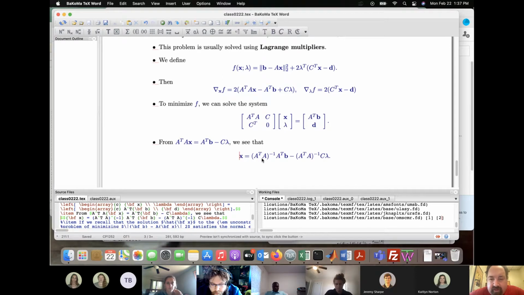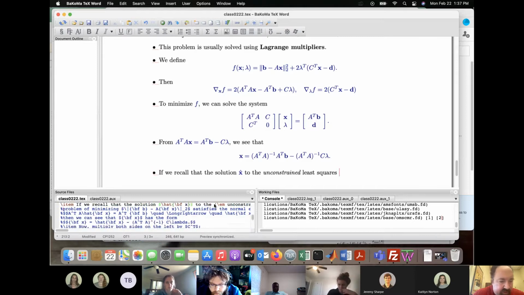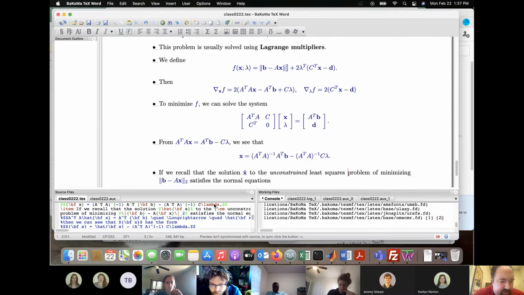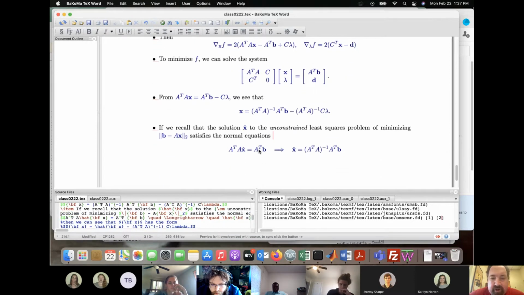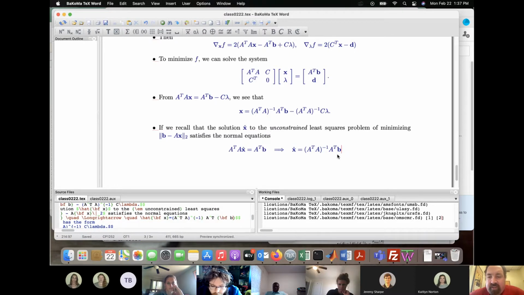What's interesting about this is, if we keep in mind the regular unconstrained least squares problem, the solution of the unconstrained problem satisfies the normal equations. So if I multiply both sides of this by (A transpose A) inverse, then x hat, which is a solution of the unconstrained problem, satisfies this.